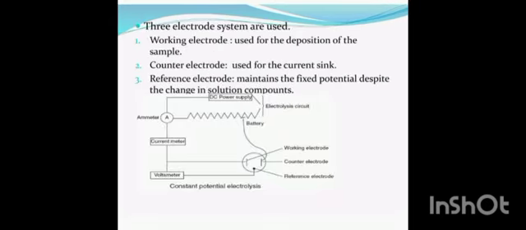Here three electrode systems are used. First, the working electrode, used for the deposition of the sample; the counter electrode, used as the current sink; and the reference electrode, which maintains a fixed potential despite changes in solution composition.